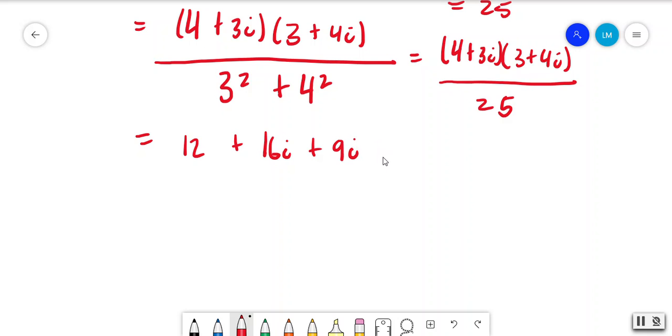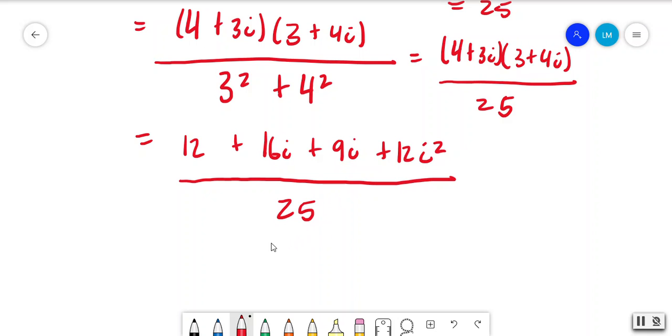This is funny. Okay, so let's see. 4 times 3 is 12, 16i plus 9i, plus 12i squared. So we get the following. Basically, we get that this is divided by 25.